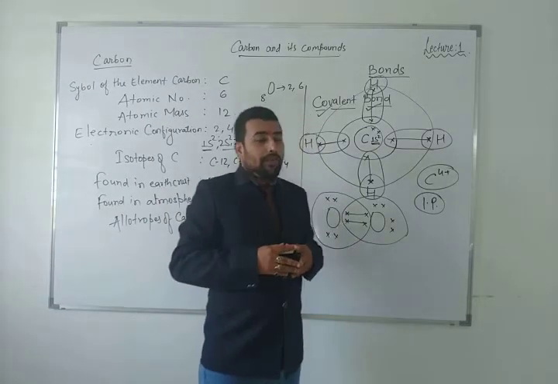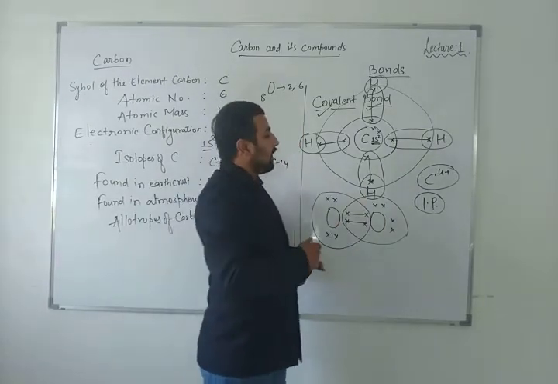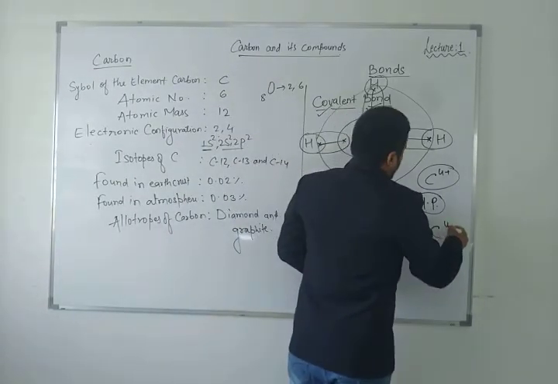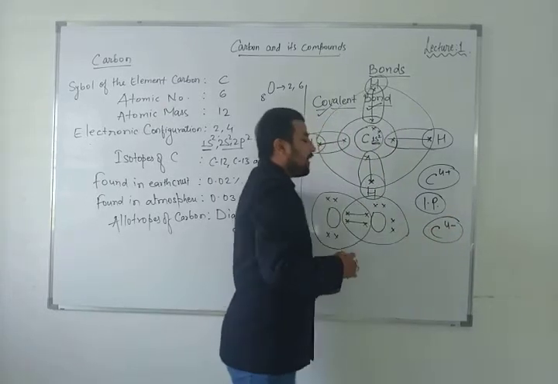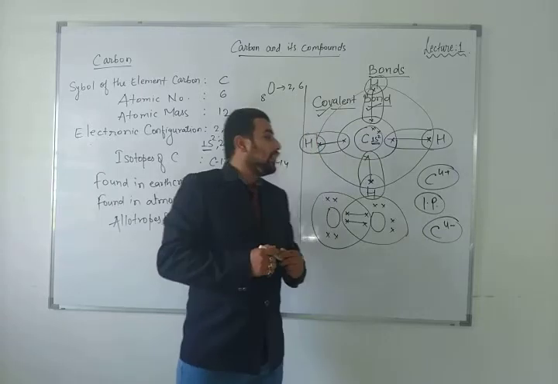So it will be very difficult, and it will not gain stability. That's why carbon generally accepts 4 electrons. If it accepts, it is known as carbon anion, C4 minus, and this is carbon cation, C4 plus.